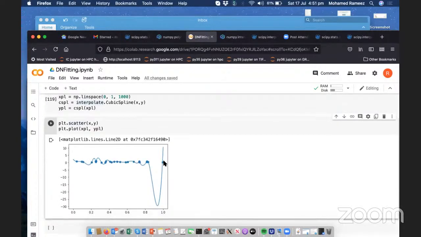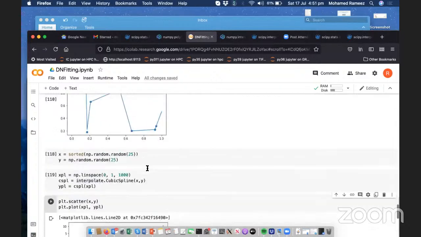Yeah. So a cubic spline is another way to interpolate between data, but in such a way that each section of the data is not fit by a straight line with jagged edges, but that it is always smooth.